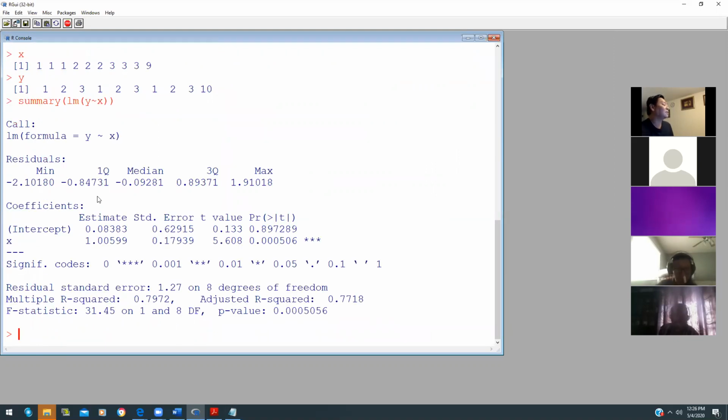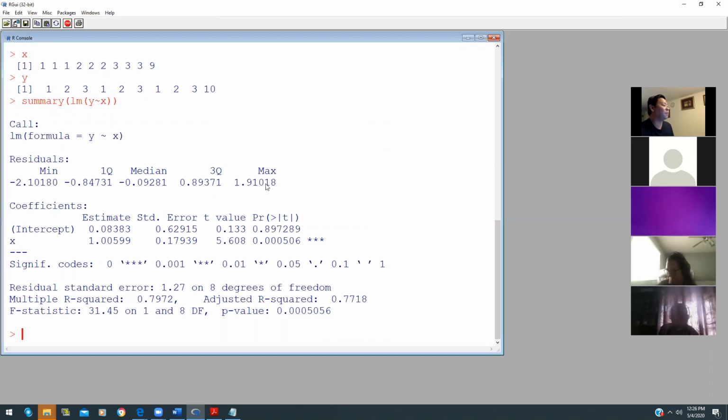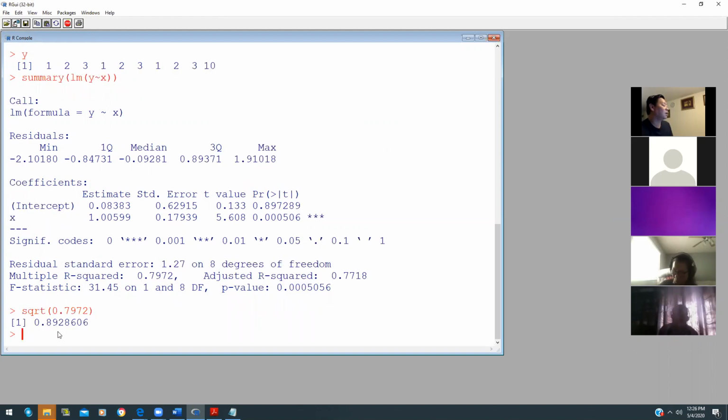Again, this picture is the same. These are all the results. But in order for us to find R, you have to take the square root. So take the square root of 0.7972. It becomes 0.89. This is your R.